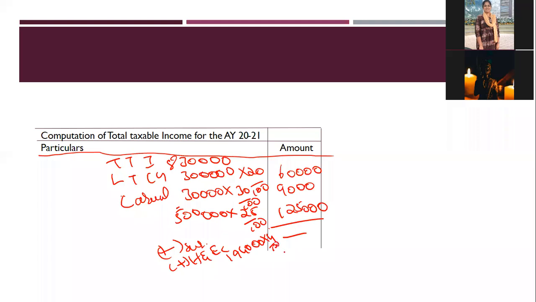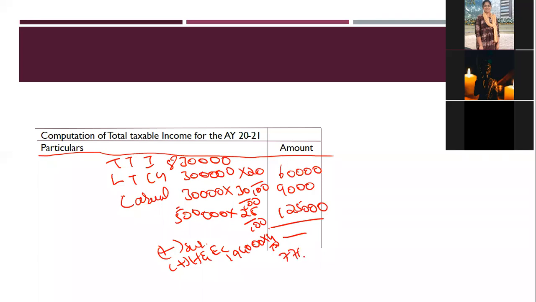It is 7,760. So total will be 1,94,000 plus 7,760, which comes around 2,01,760. Okay, so this will be my normal tax liability.